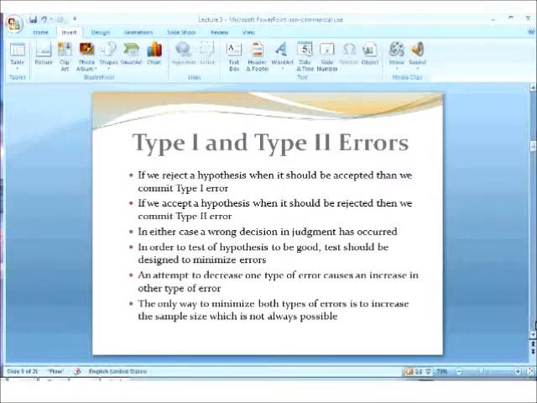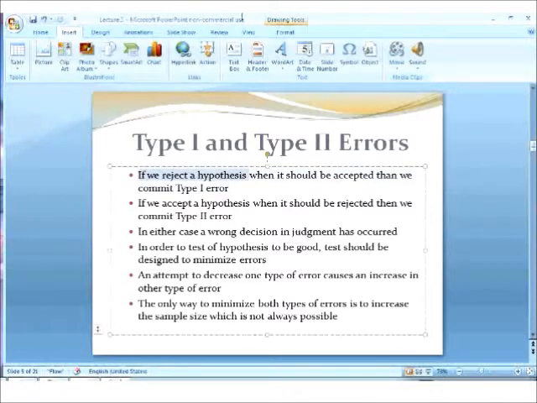We conduct a z-test or t-test depending upon the sample size we have. And then our results show that we are rejecting our null hypothesis in favor of the alternative hypothesis. So, which means we are committing type 1 error.